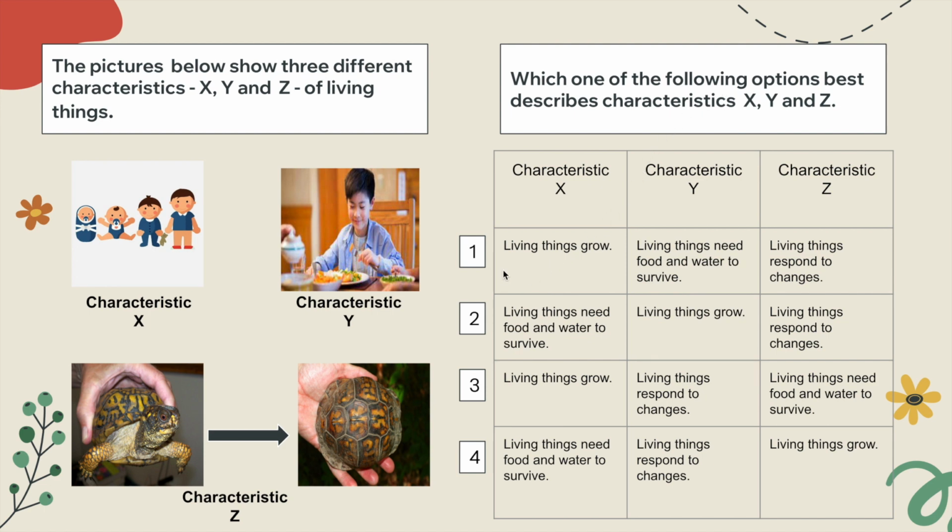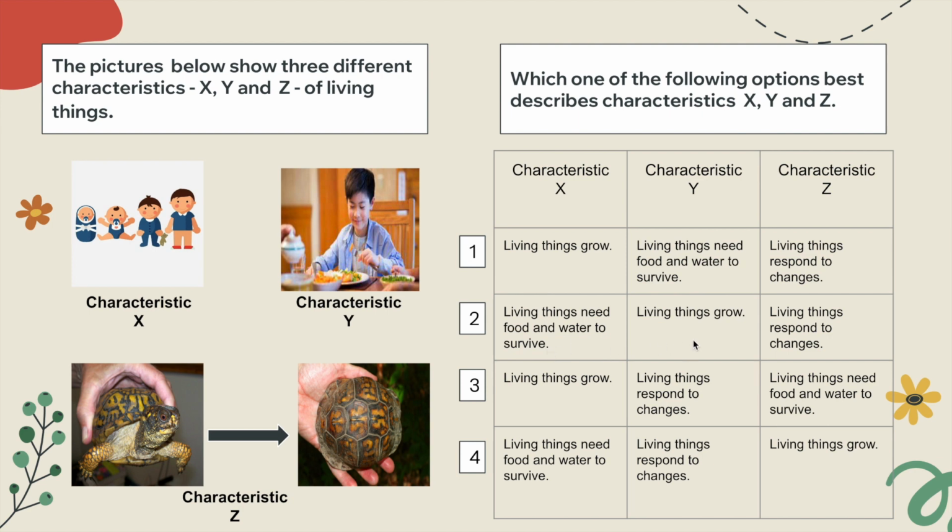Option 1. Characteristic X is living things grow. Characteristic Y is living things need food and water to survive. Characteristic Z is living things respond to changes. Option 2. Living things need food and water to survive.